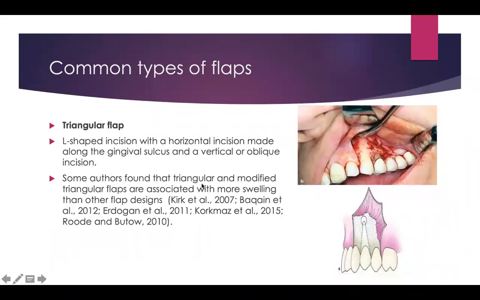Our next one, the triangular flap, only has one releasing incision, an L-shaped incision where the horizontal incision is made along the gingival sulcus, and a vertical or oblique incision. So some studies found that the triangular and modified triangular flaps are associated with more swelling than other flaps.